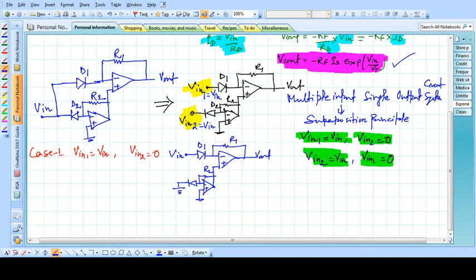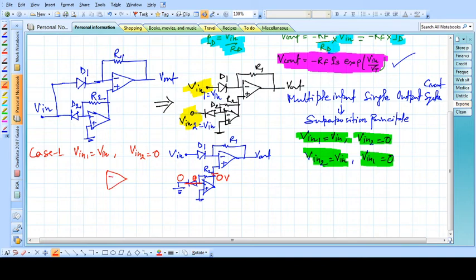Is it okay? So now this one is a zero potential. So there should be zero voltage, so it should be almost zero voltage output. Yes or no? For simple concept, simple inverting only minus RF by R1, so it should be zero voltage. So it will just behave like the exponential amplifier.